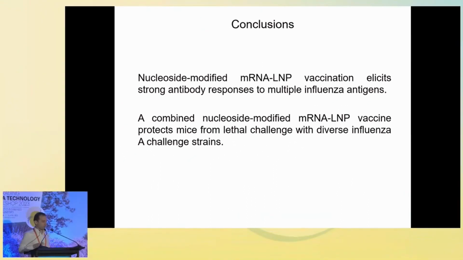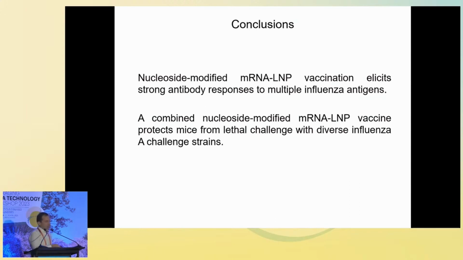So the conclusion from the first part is that modified mRNA-LNP vaccination elicits strong antibody responses to multiple influenza antigens, and now it's not a big deal because companies and also many academic labs put together several or even many mRNAs in a single vaccine, but when we performed these studies, to my best knowledge, there was only one paper that showed that we can really put together several components and induce responses against each of them.